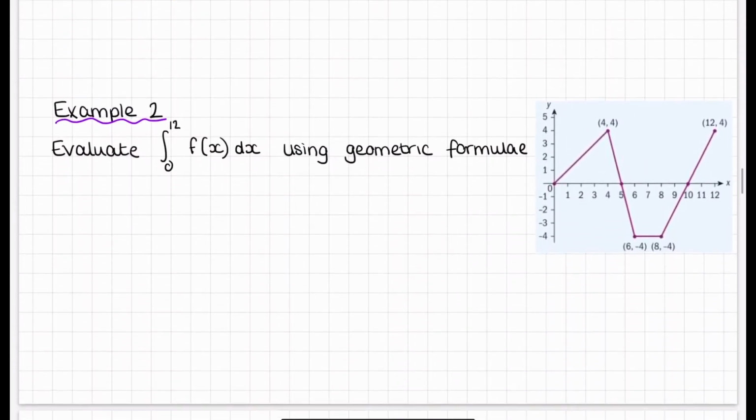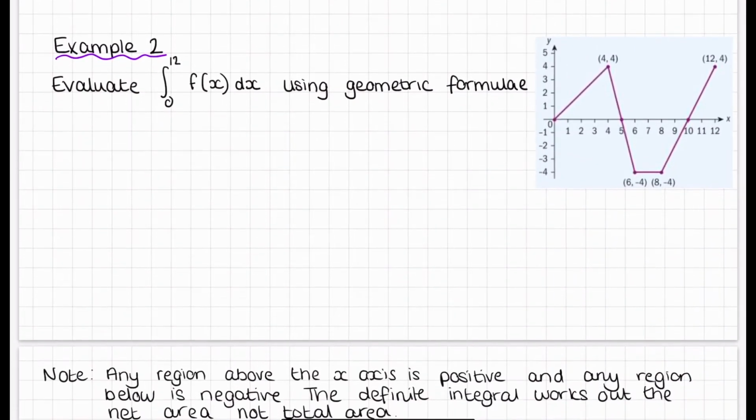Example 2, we want to evaluate from 0 to 12 the function using geometric formula. What that's wanting us to do is just work out the area using shapes. If you think here, we could call this area 1, area 2, and then this here is area 3.